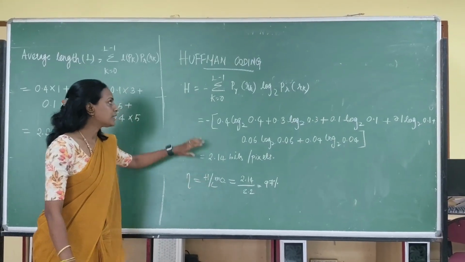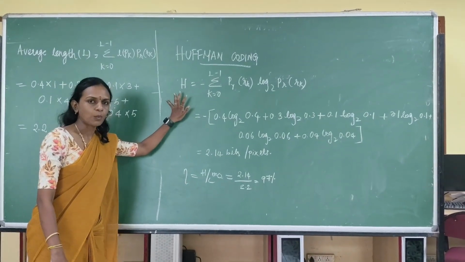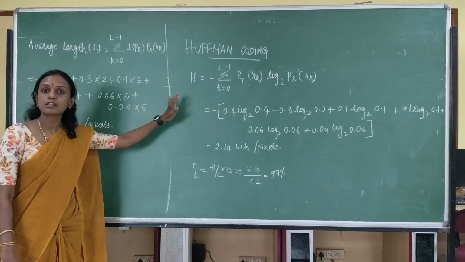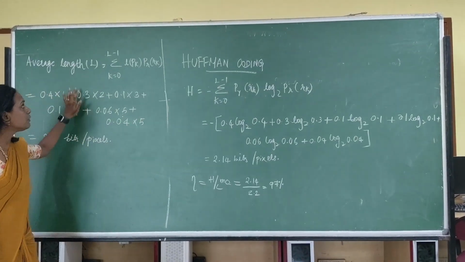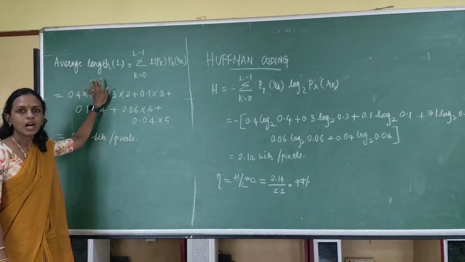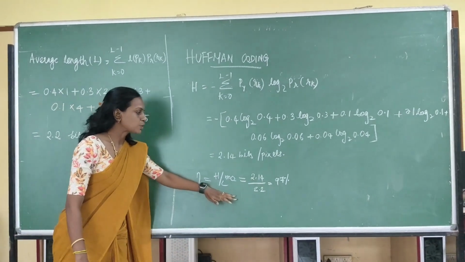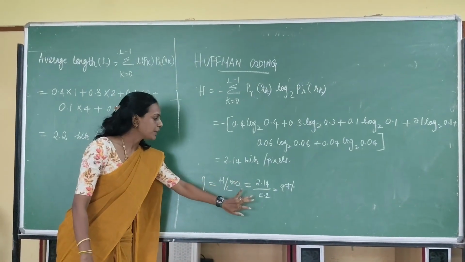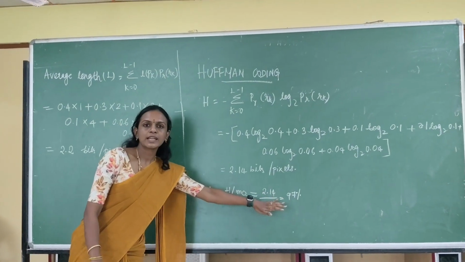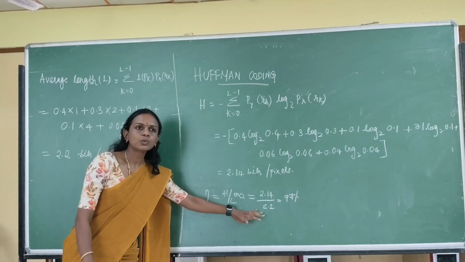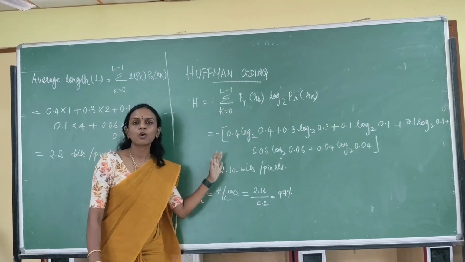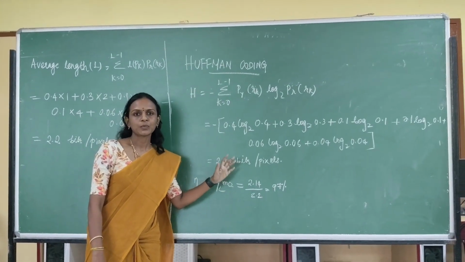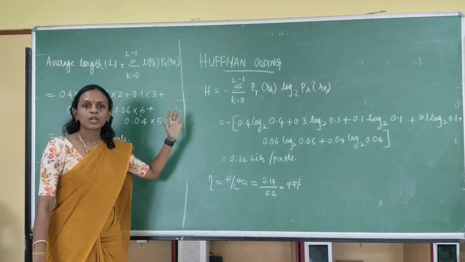We have already calculated the entropy value, and we have also calculated the length of the Huffman coding scheme. When you substitute the values of entropy and the length, we get around 97%, which states the efficiency of the overall scheme that is proposed. So this is about Huffman coding.